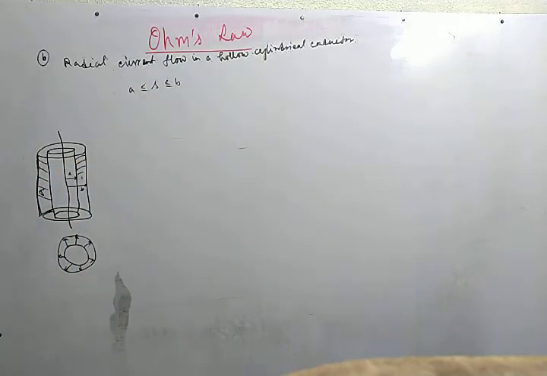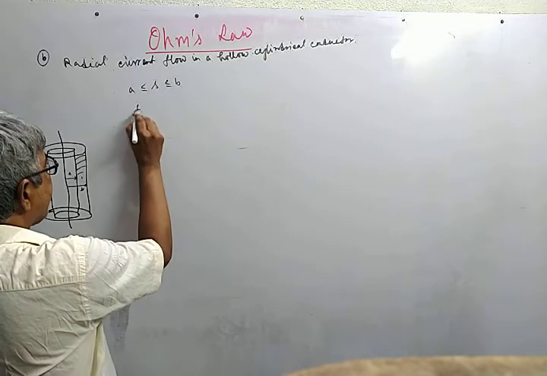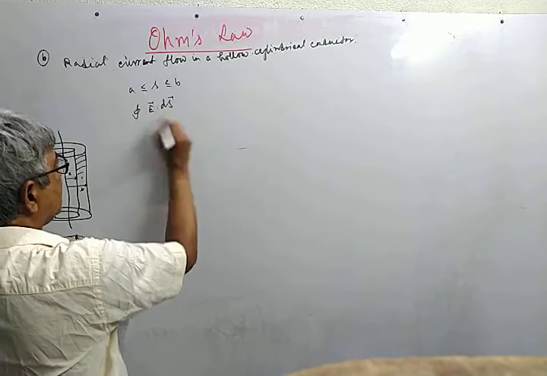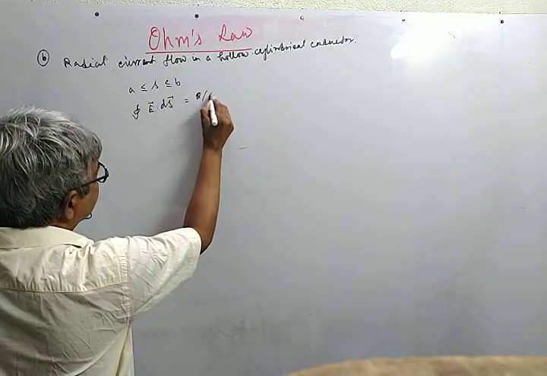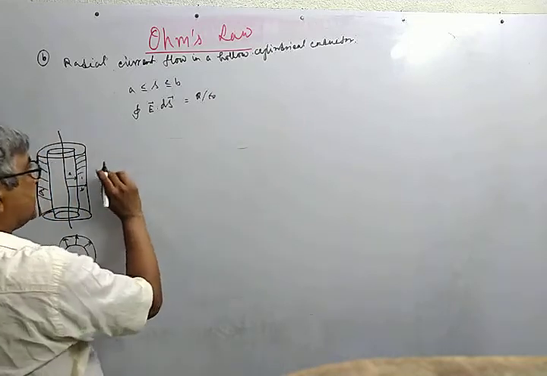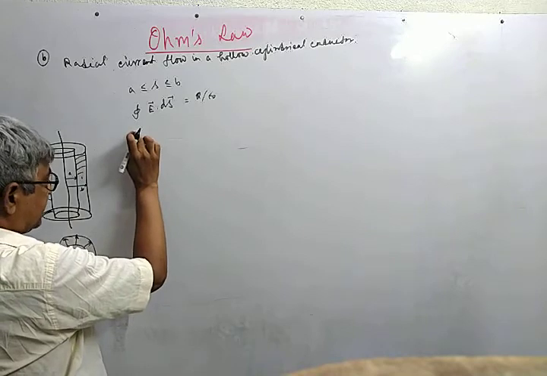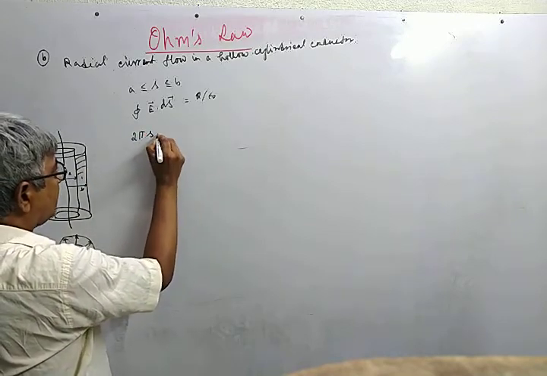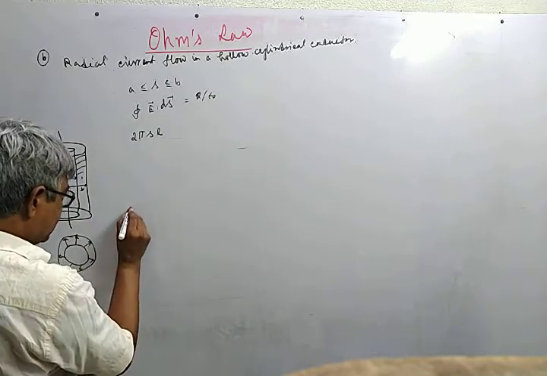Then, if we apply Gauss's theorem, this is the integral of E dot dS equal to Q enclosed by epsilon 0. So on the left hand side we have the area of the Gaussian surface. The area of the Gaussian surface is 2 pi s times L, where we have considered a Gaussian surface like this.